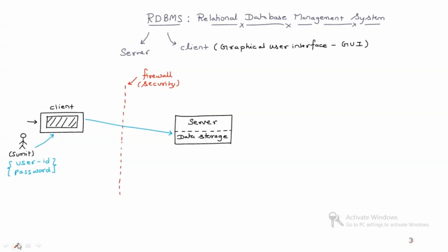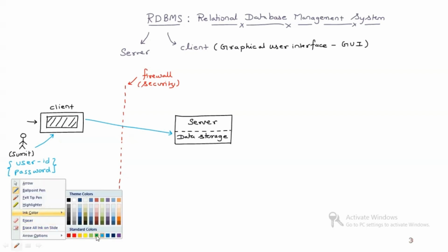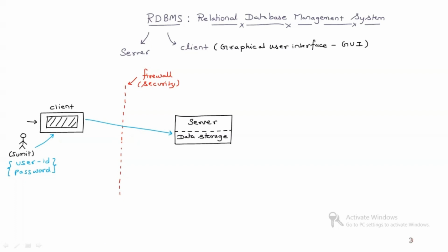Now, if Sumit has to get any kind of information from the server, then Sumit will be using a particular kind of language. So if Sumit has to get the data of top 10 customers, Sumit will be required to write down this requirement in a form of a language which we call as SQL.